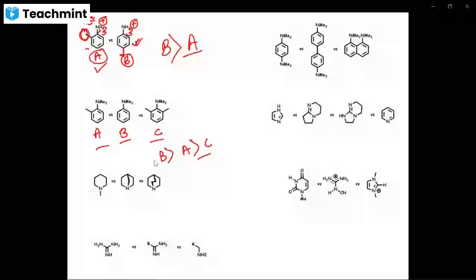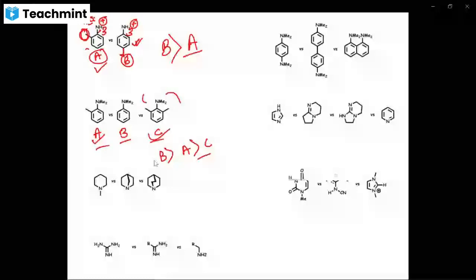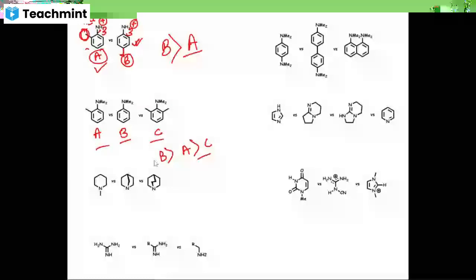Among A, B, and C, steric inhibition of resonance is present in both C and A. In C, the degree of that is high, but in A also it is present. The methyl group is there. So in both A and C, steric inhibition of resonance is present.